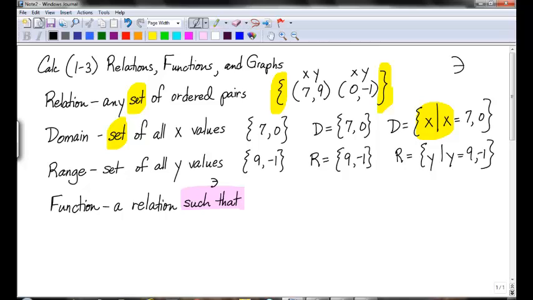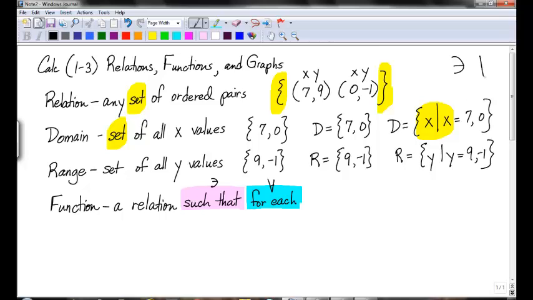Okay? A function is a relation such that for each, for all, for every.